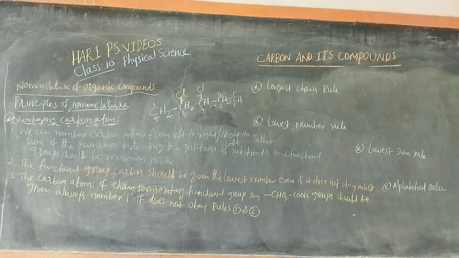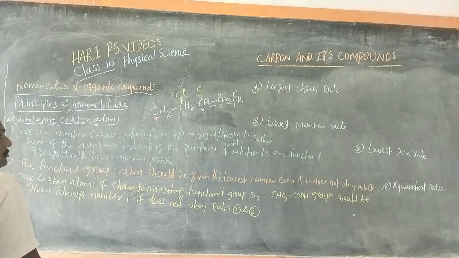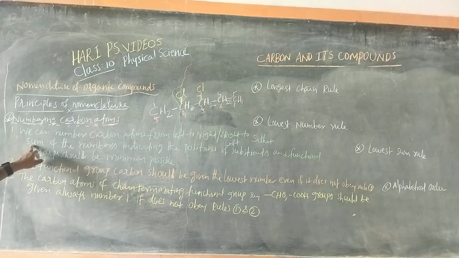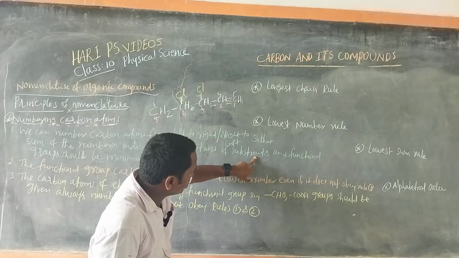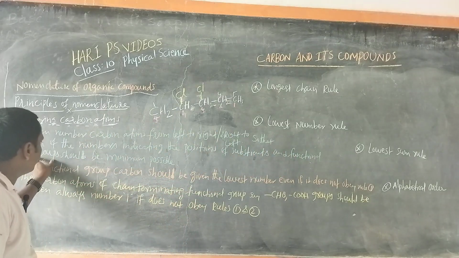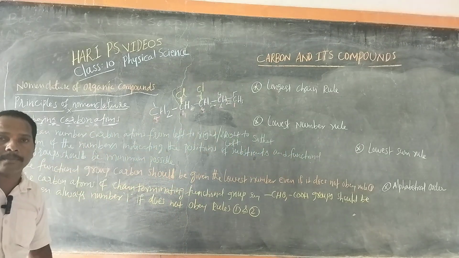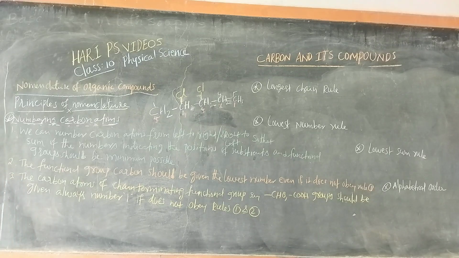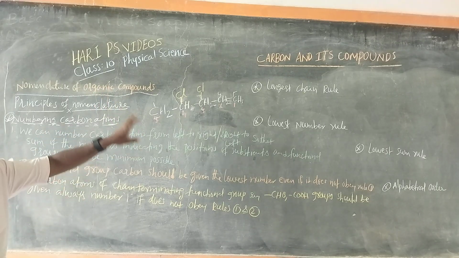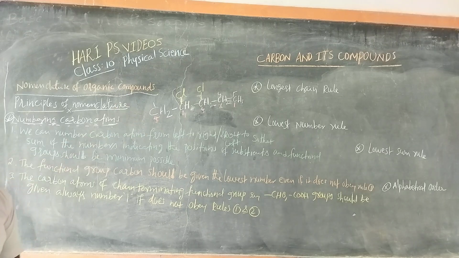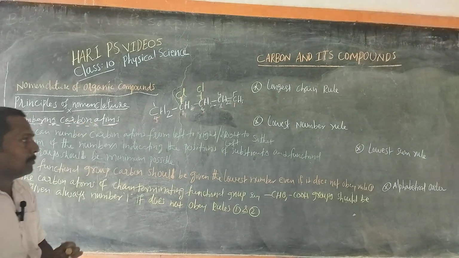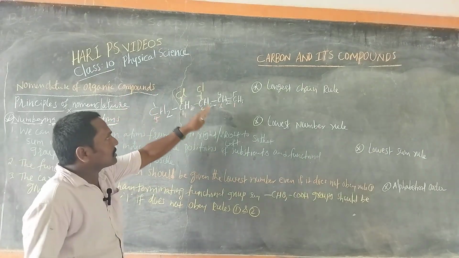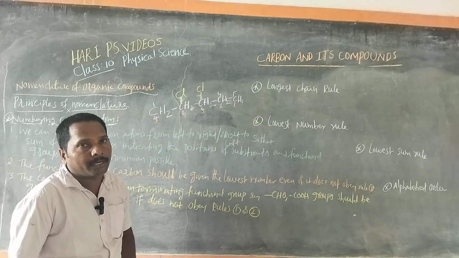So what do we have to do? The sum of the numbers indicating the positions of substituents and the functional group should be minimum possible. That means the carbon atoms which have the substituents must have the lowest possible number. So on which side do we get the lowest possible numbers?